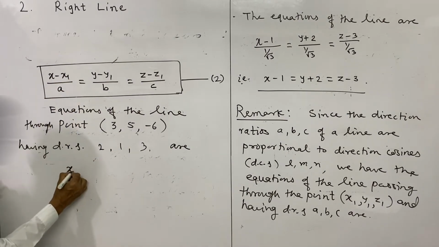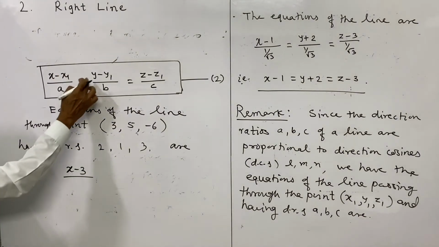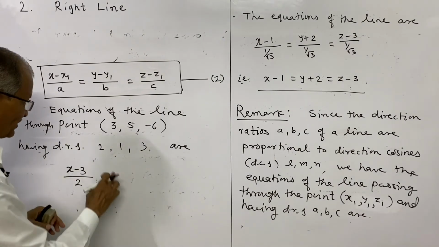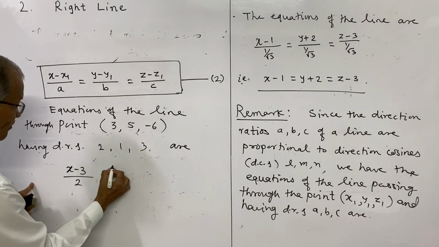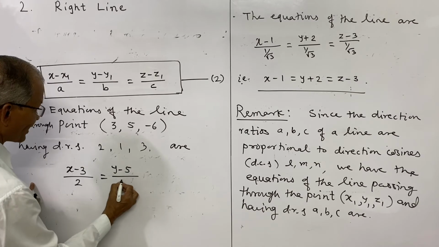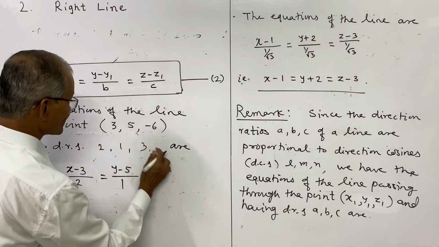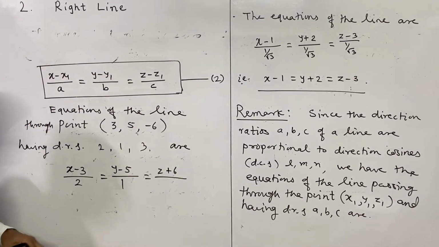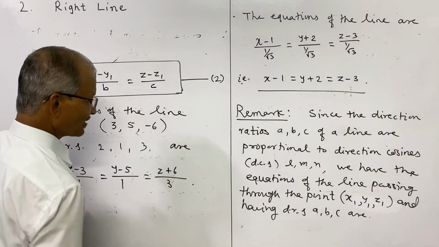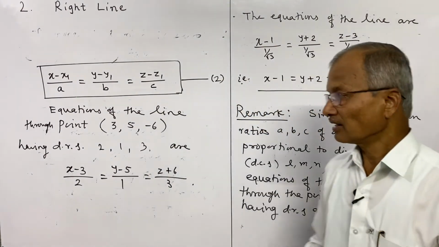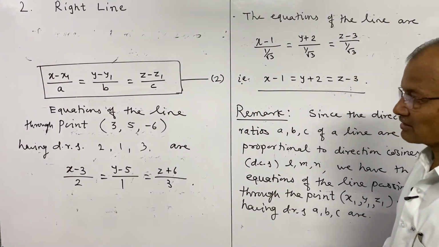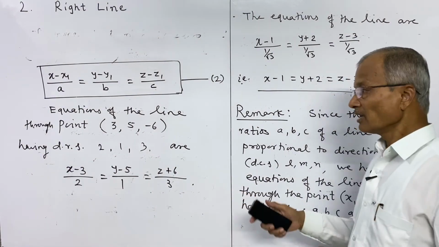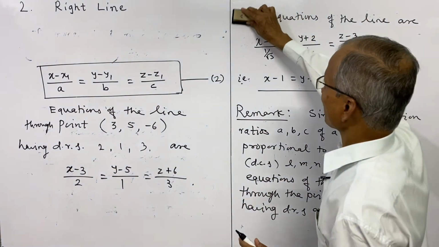See, x minus x1, here it is 3, divided by a, it is 2, where a, b, c are the values of the DRs, is equal to y minus y1, that means 5 divided by 1, and z minus z1, it is minus 6, and minus of minus becomes plus, and c is 3. In this way we can easily write the equation of a line passing through a given point, and if the DCs or DRs are given, the equation has the same form.